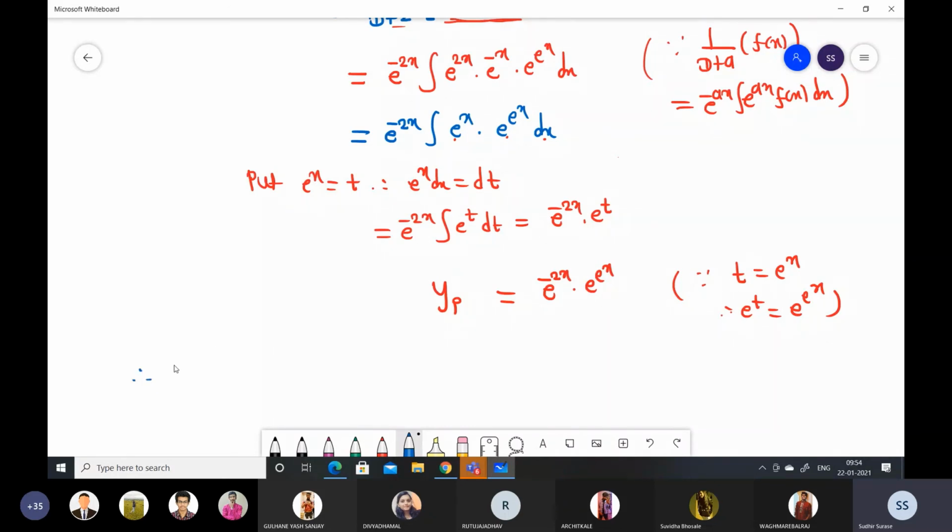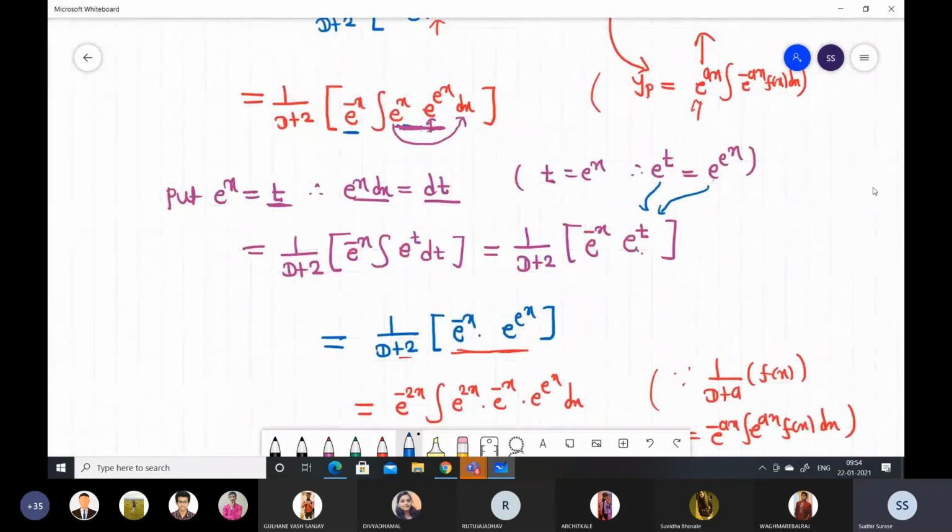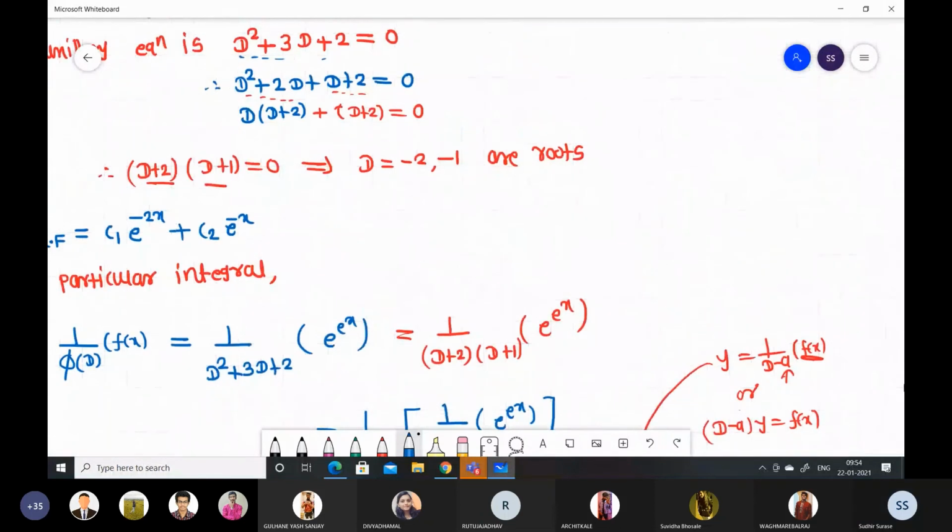Therefore the general solution is given by y is equal to YCF plus YP. YCF we already got, right, earlier, in the very first step. What is that?